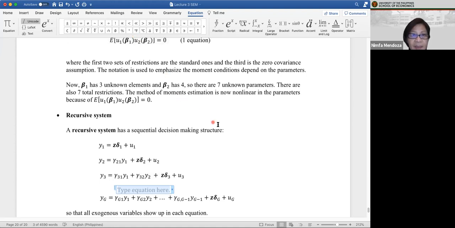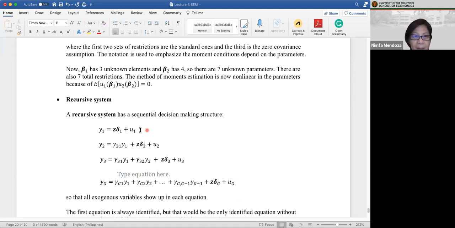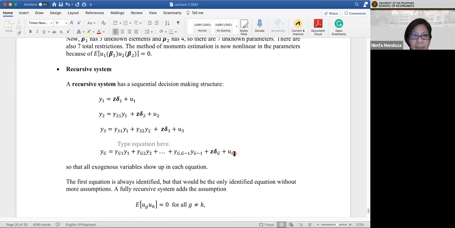I'll just correct it later. This is a recursive system which illustrates a sequential decision-making structure.